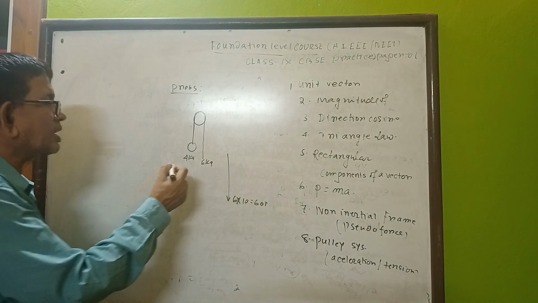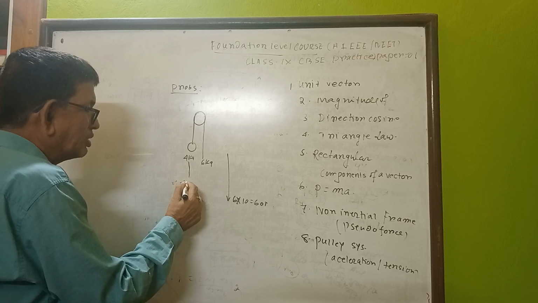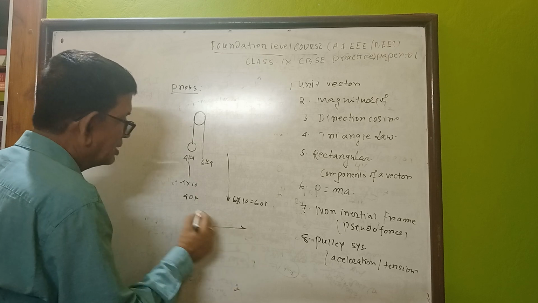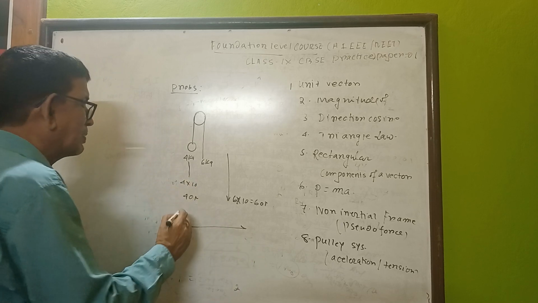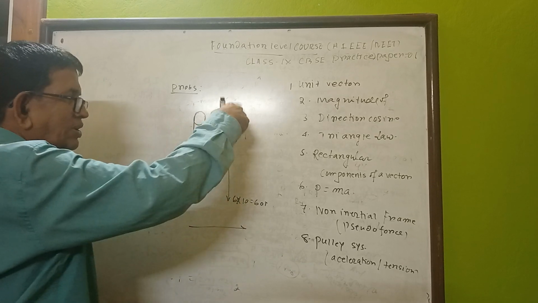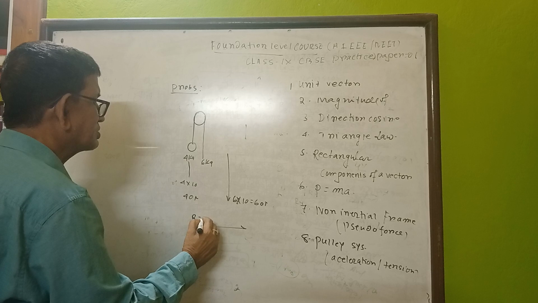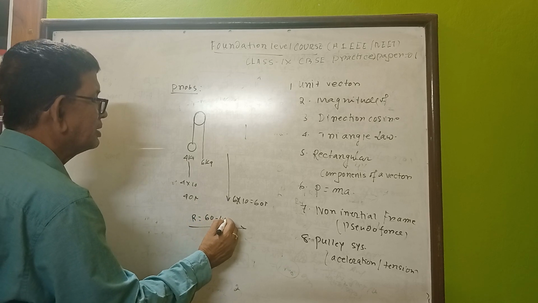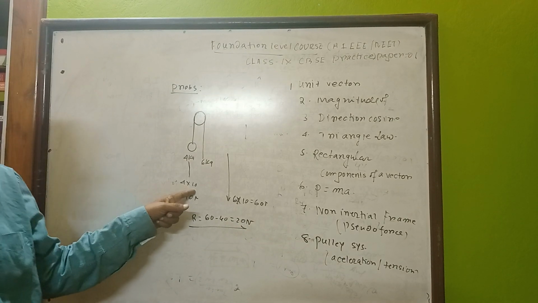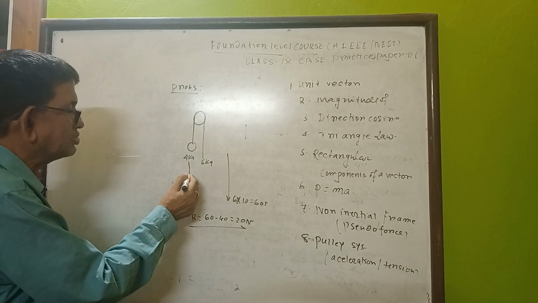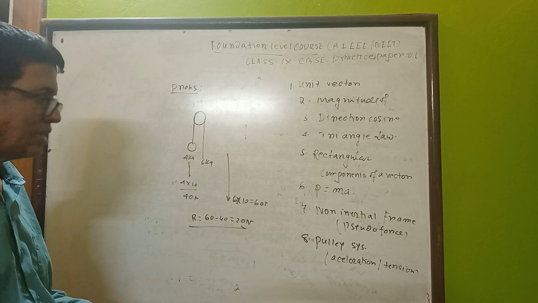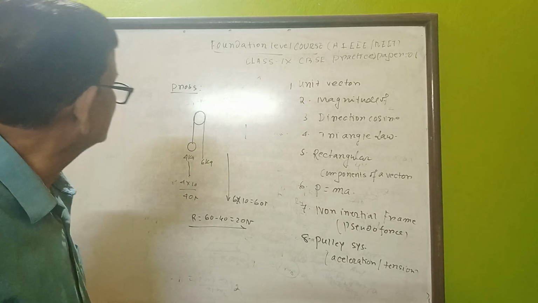On the other hand, the 4 kg body gives 4 into 10, 40 Newton in the reverse direction. So the resultant force is 60 minus 40, that is 20 Newton. If you want to keep the body at rest, you should apply an extra tension of 20 Newton in the downward direction.